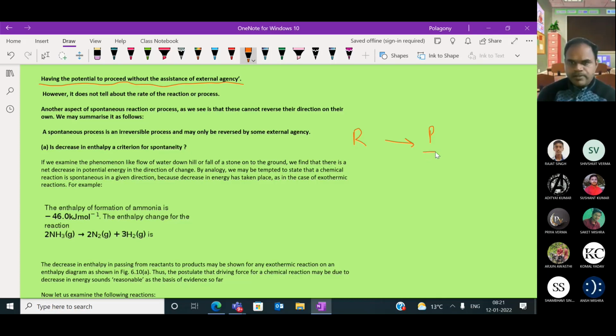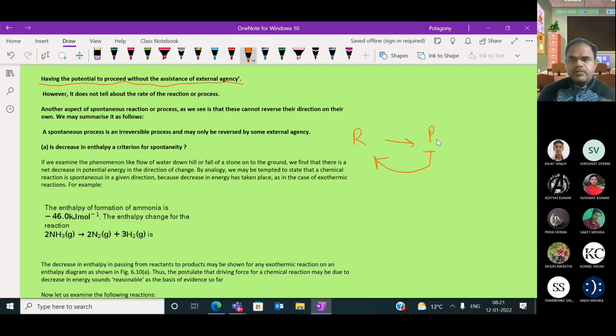Once the product is formed, the product cannot be reversed back. You cannot get the reactant again. So that means once the product is formed, it is permanent.